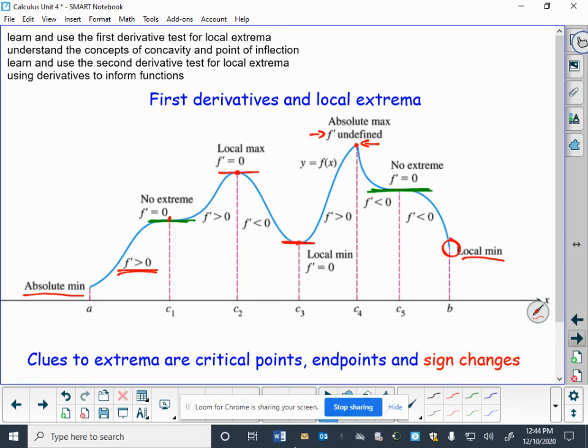To the right of C1, before we get to our next critical point, the derivative is still positive, which tells us that it increased and flattened out and then continued to increase, which is not a pattern that leads to an extreme value.